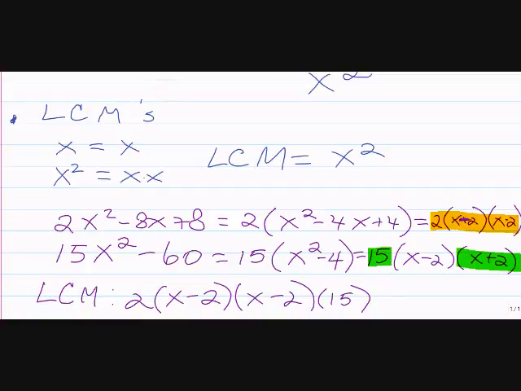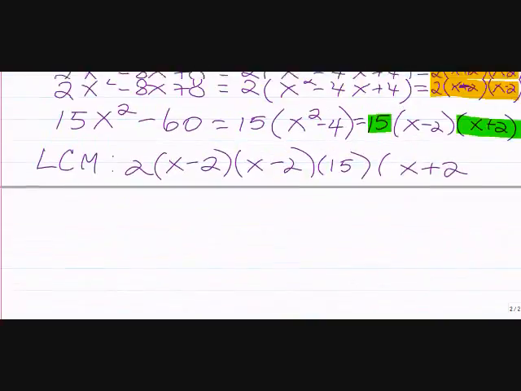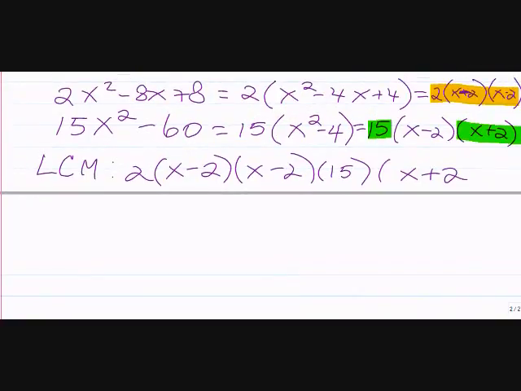So when you're finding these least common multiples, you don't have to repeat from one expression to the other a factor you've already gotten written down in the least common multiple.